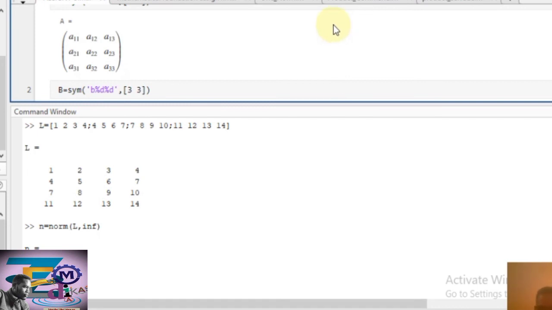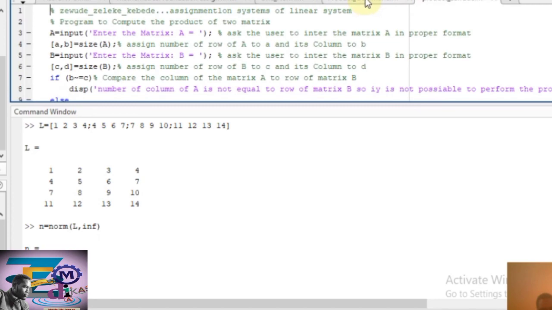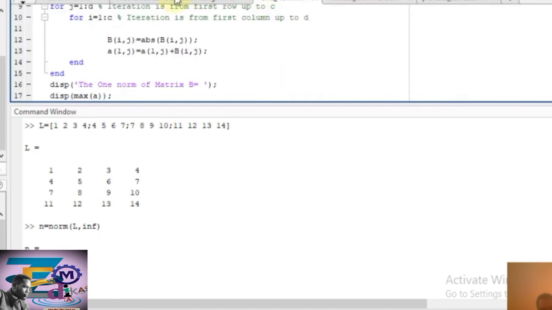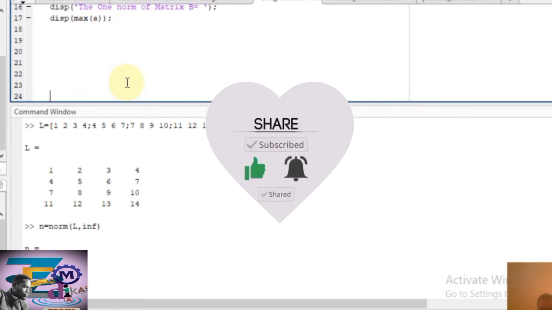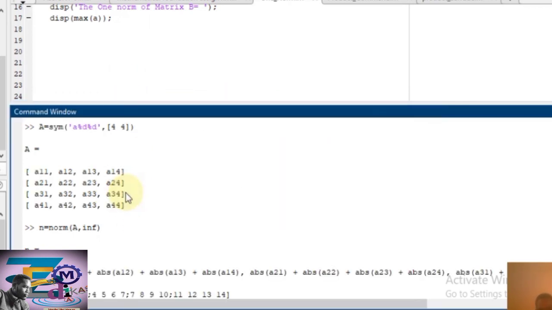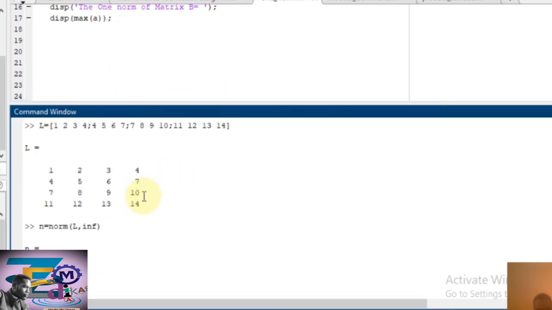Yes, you have to start with the comment, and then you have the if and loop, then after that you put the matrix value. Finally it asks you to enter the matrix order, then you give the matrix order, and it will display the infinity norm of the given matrix.